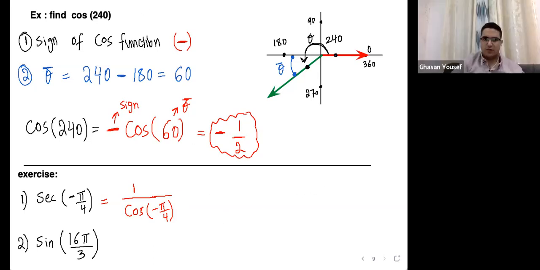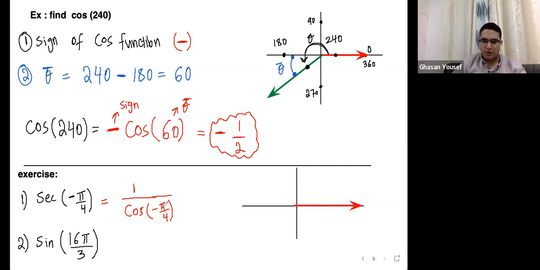So we have to move clockwise from my initial side. Here's my initial side.